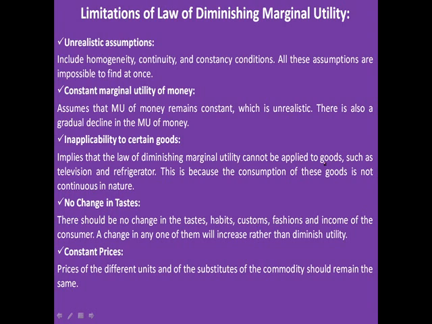This law is based on the assumption that prices and the income of the consumer should remain the same. These assumptions are unrealistic, so we can say that this law may not be operative in real life if certain conditions are violated.